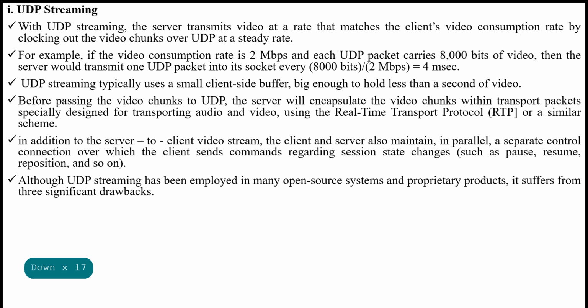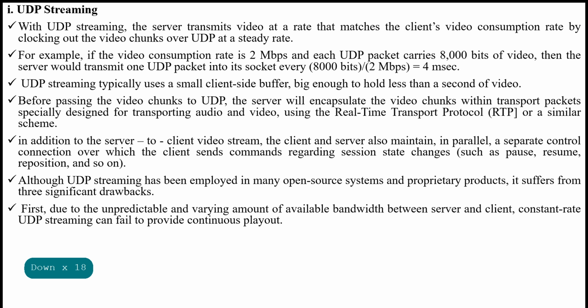Although UDP streaming has been employed in many open source systems and proprietary products, it suffers from three significant drawbacks. So first one, due to the unpredictable and varying amount of available bandwidth between server and client, constant rate UDP streaming can fail to provide continuous playout.